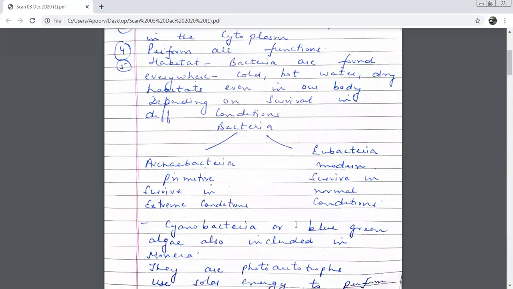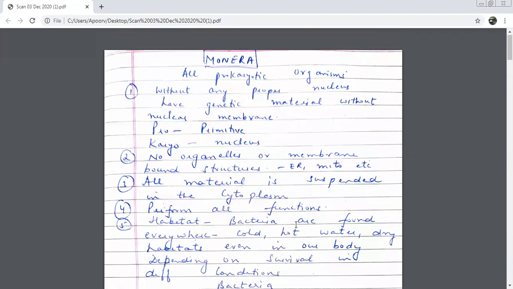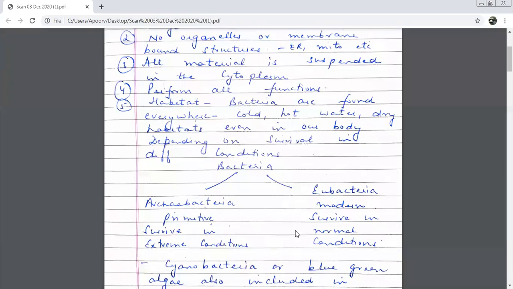Okay, let me very quickly, I still have about 10 minutes. I'm talking about Monera. Important features we already know. Let's classify bacteria on the basis of their survival in habitats. Name them very quickly. Archaebacteria. Archaebacteria.